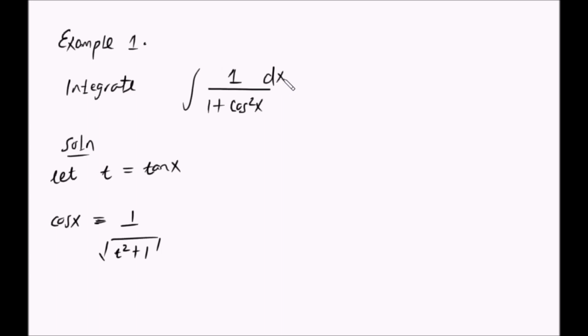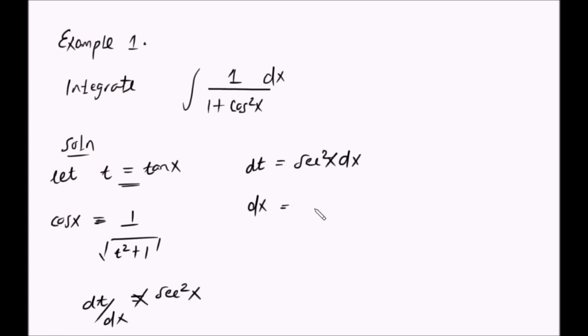So how am I going to eliminate now dx? I just have to differentiate this one. So if I differentiate that one, it's just dt over dx is going to be equal to sec squared of x. So manake dt kumbe ni sawa na sec squared x dx if I cross and multiply. So if I make dx the subject, dx just dt over sec squared x.